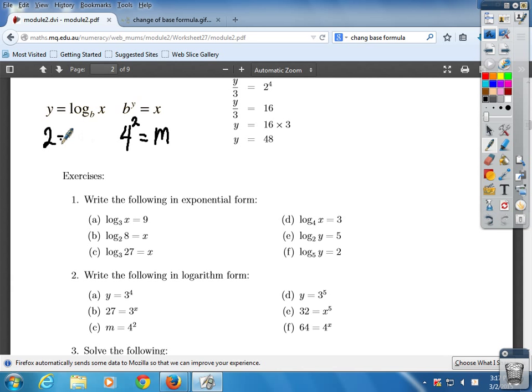Log base 4 of m. Let's leave it like that because we haven't got to the solving yet.